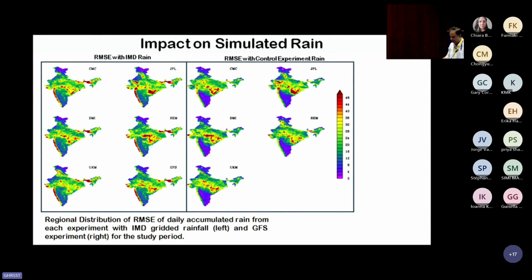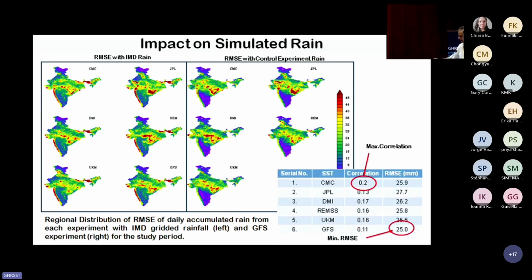Now, when we compare these experimental results with the control experiments, we see again similar sort of patterns, and the regional distribution of RMSE differs in different experiments. So definitely using different sea surface temperature makes an impact on the simulated rainfall.